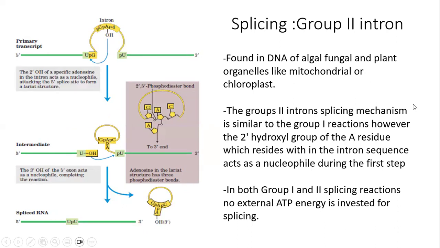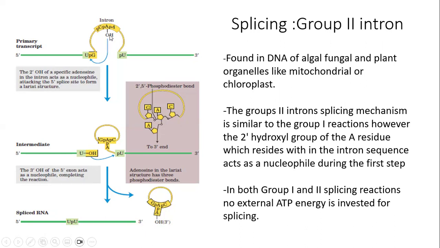Unlike the group 1 splicing reaction, in the group 2 splicing reaction, the base that makes a nucleophilic attack is an adenine residue itself, which is present within the intron sequence. Since the 3' hydroxyl group is involved in the formation of the RNA chain of the intron, a 2' hydroxyl group is involved in beginning the nucleophilic reaction.